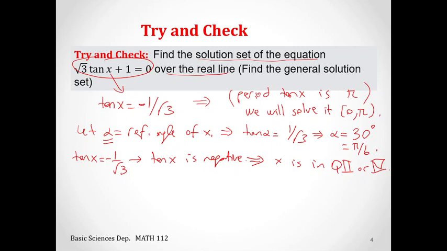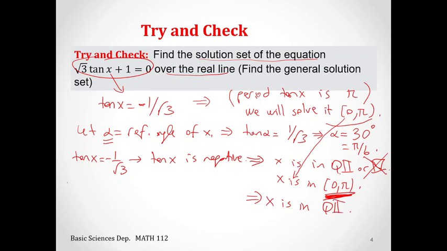But we have another condition here: we are solving it in 0 to pi, so x is also in 0 to pi. So which quadrant is in 0 to 180 degrees? It will be Q2 only, not quadrant 4. So x is in quadrant 2.